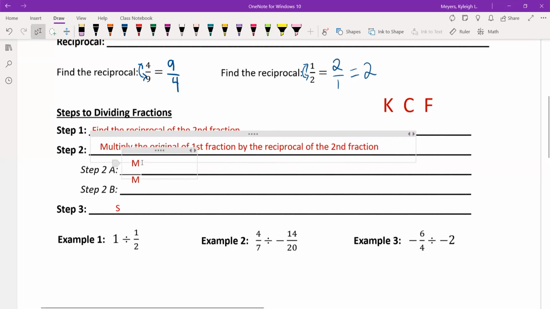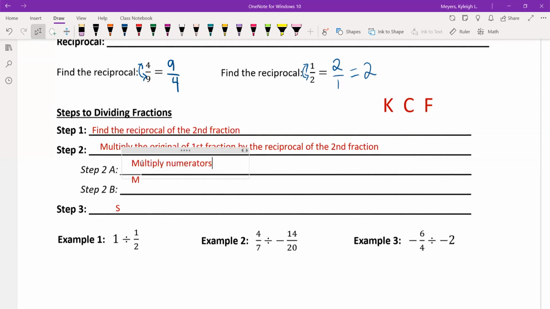And then once you have that, you flip it over, now you just multiply like normal. So you multiply the numerators, you multiply denominators, and then as always, our last step is to simplify. Remember, you're going to want to check for cross products in here.